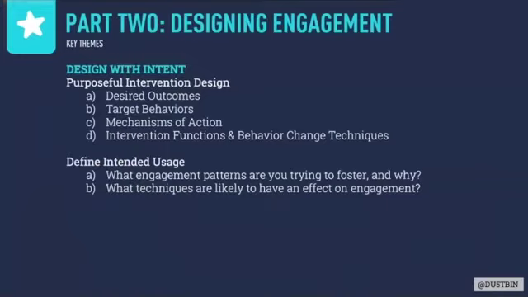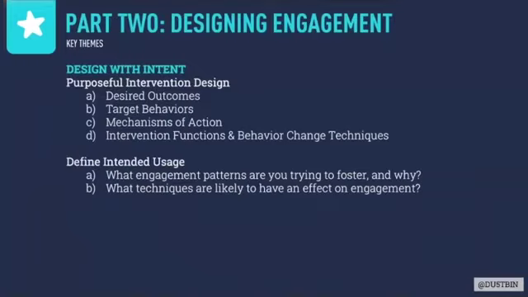When we think about how to do that, we want to think about a couple key themes. We want to think about designing with intent, right? Intentionally designing an intervention that uses the best of behavior change design. So thinking about what outcomes do we wish to see as a result, right? What can we expect? What do we hope for?